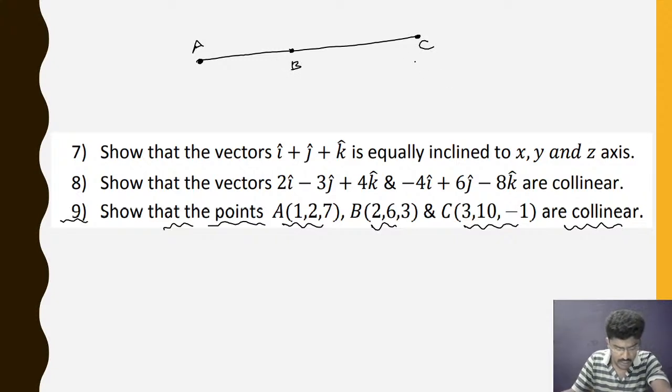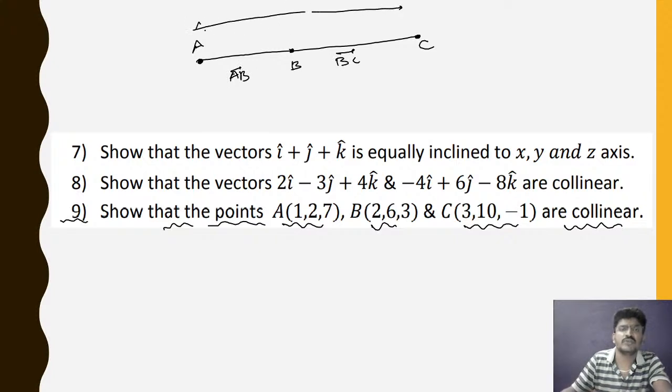Ganesh Vittal is asking, if three points are collinear, what to do, sir? Okay. You can see here, this will be vector AB, this will be vector BC, and the complete length will be vector AC. Here you get three vectors, right?